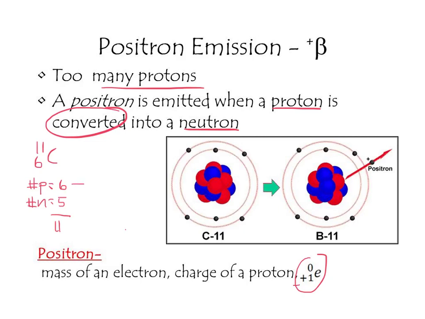If it goes through positron emission, I lose a proton, and so my new number of protons is 5, and I gain a neutron, and I have now 6, and my atomic mass is still 11. So if I write this down, I emit a positron, so 0, plus 1, e, and then my new element, which has 11 as an atomic mass and 5 atomic number, and on the periodic table, atomic number 5 is boron.